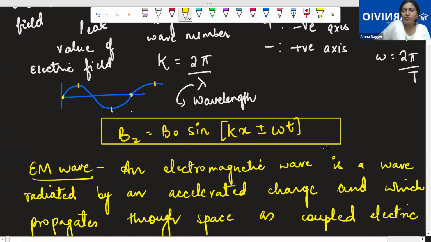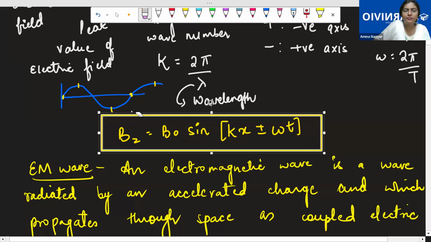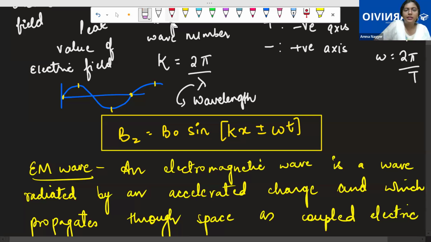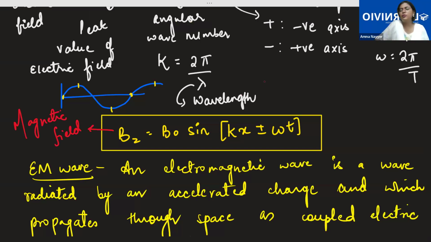The same thing, the peak value of the magnetic field. The difference will be that this is the magnetic field, and B naught will be the peak value of the magnetic field, sine kx plus minus omega t. Everything will be the same.